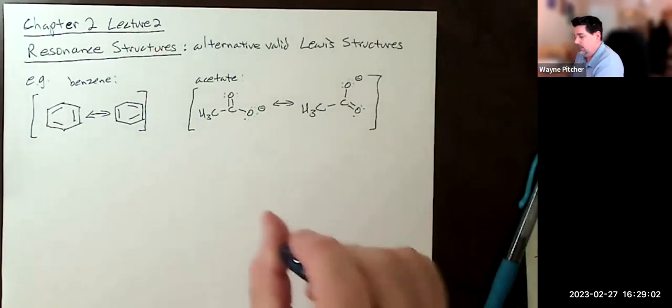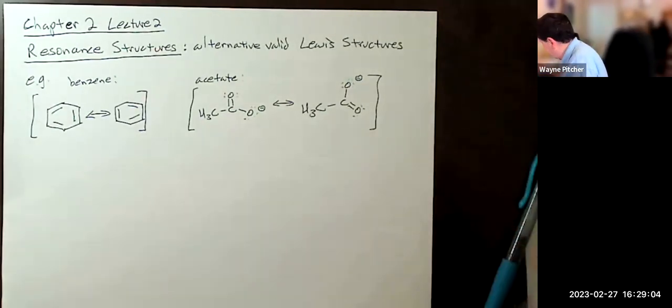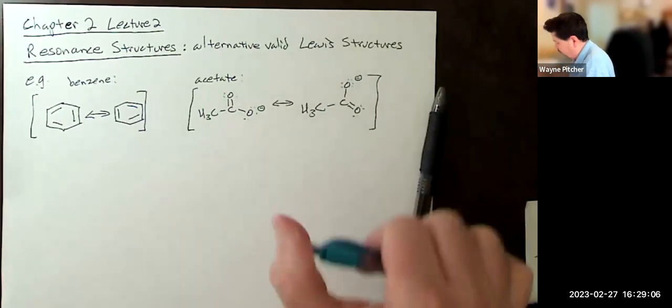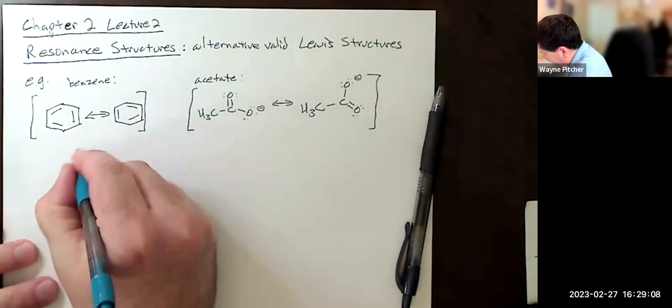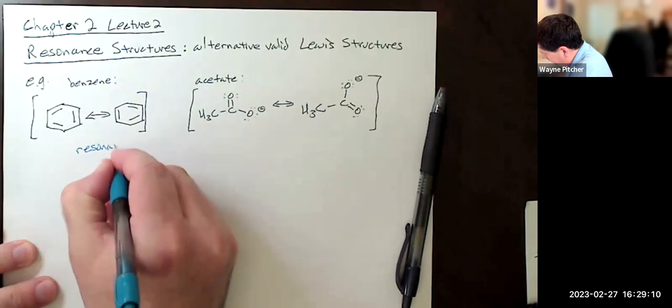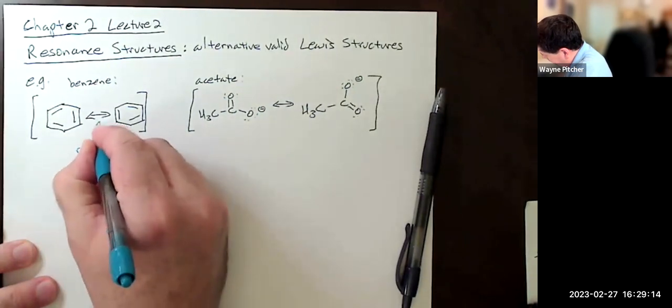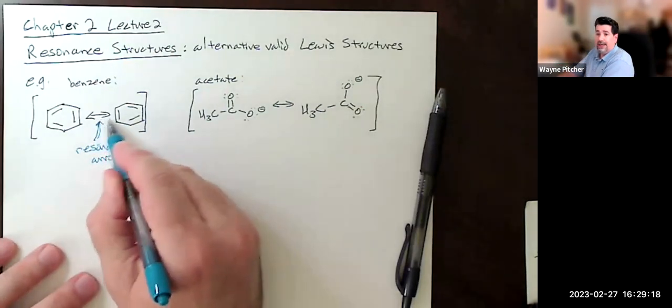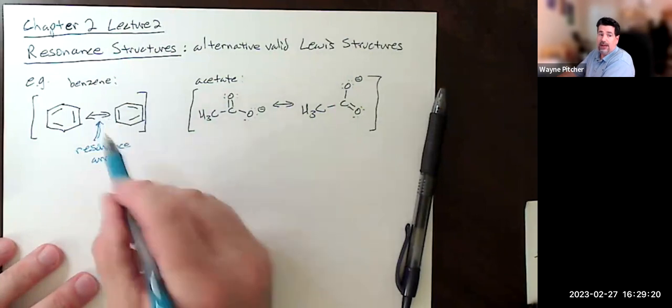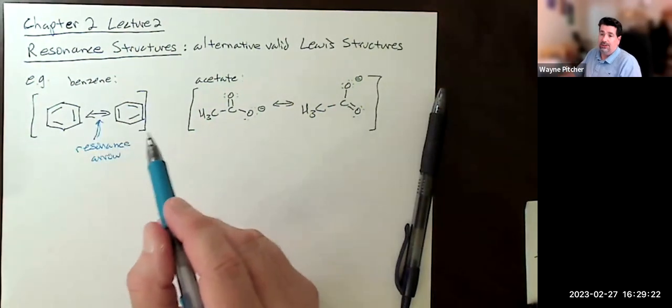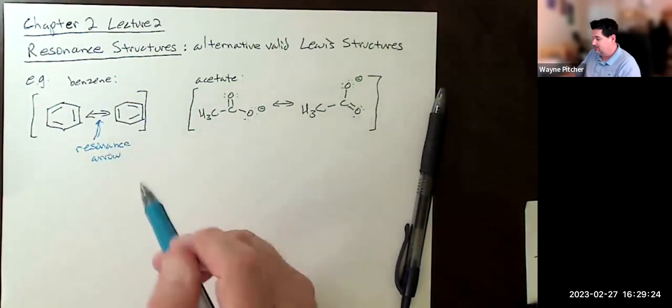One thing to note is that if we look at some features here, we have a resonance arrow, which is this double-headed arrow or double-ended arrow. This is not an equilibrium arrow. It's not a reaction arrow.